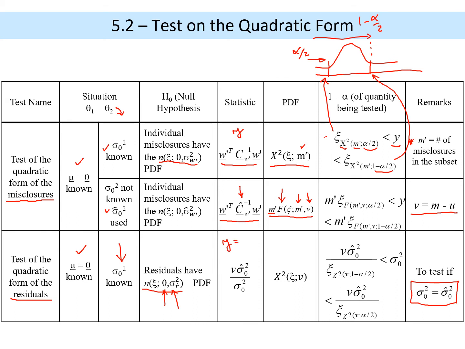Okay, the statistic is nothing else but the ratio between the a posteriori variance factor and the a priori variance factor scaled by ni, and what is ni? Number of degrees of freedom. The probability distribution function that we're going to get is the chi-squared using ni degrees of freedom, and here we have the test. It is a two-tail test again.